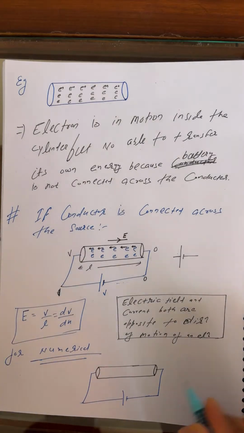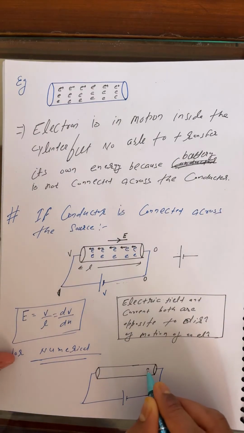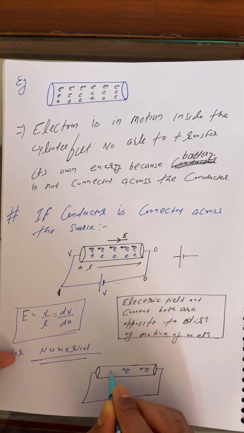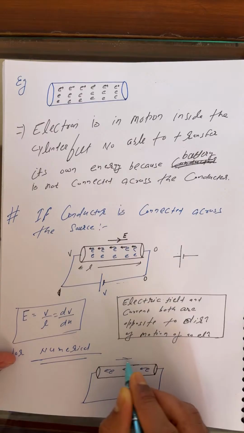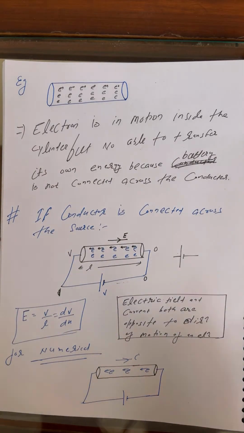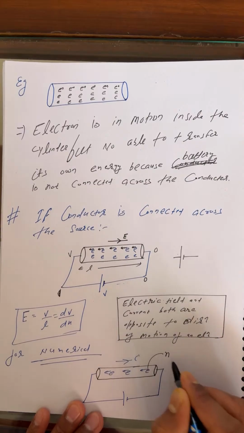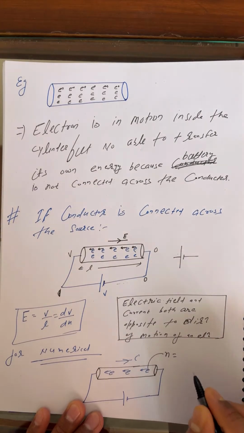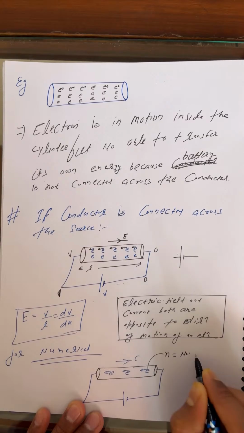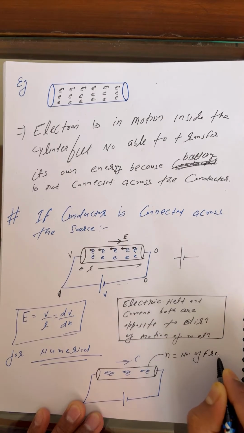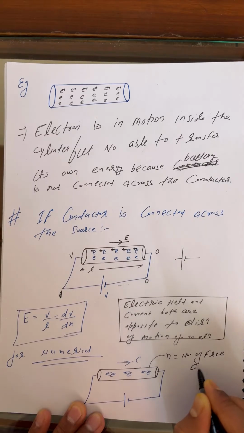This is the direction of motion of the electron, and this is the current. So what is n? n is the number of free charge carriers.